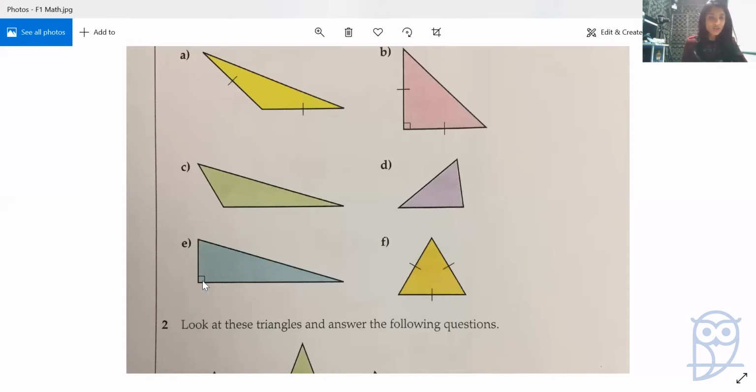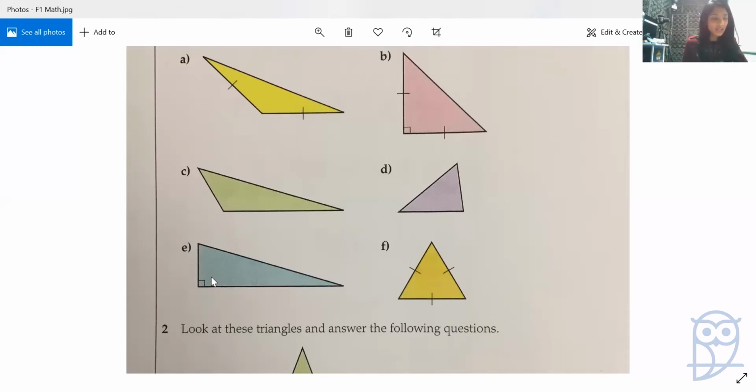Moving along to E, once again this is a 90-degree angle, so it's a right angled triangle. And finally, F. F is an equilateral triangle because it shows us that all three sides are equal in length and it has three equal angles.